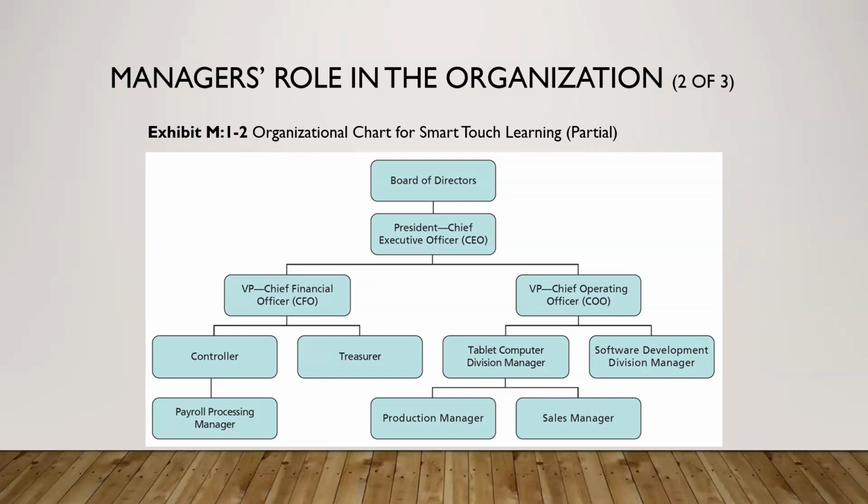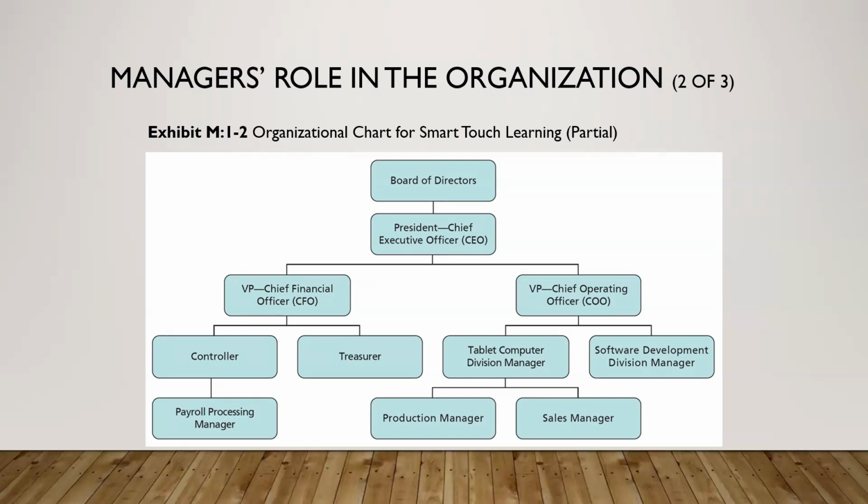So here you see the board of directors. At the very top oversees the president or the chief executive officer, a CEO. The CEO in turn oversees two VP positions: the chief financial officer and the chief operating officer.